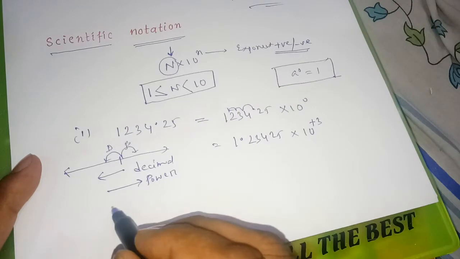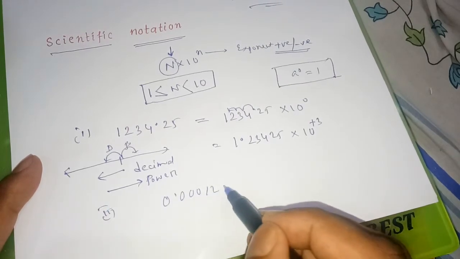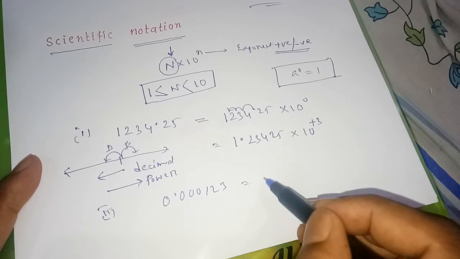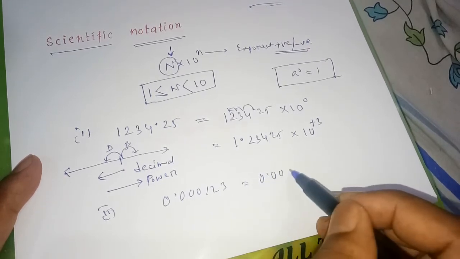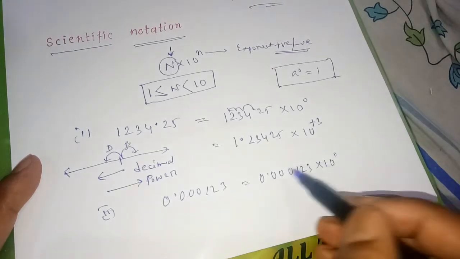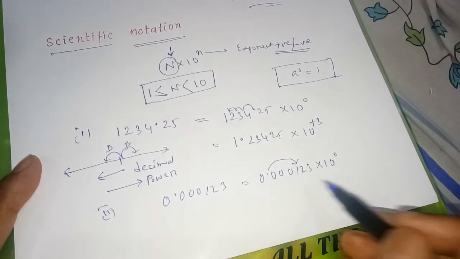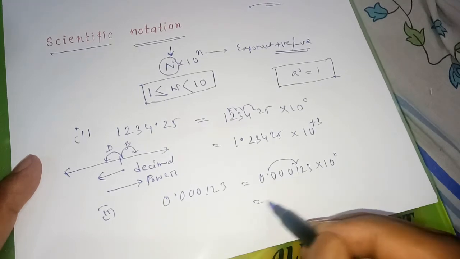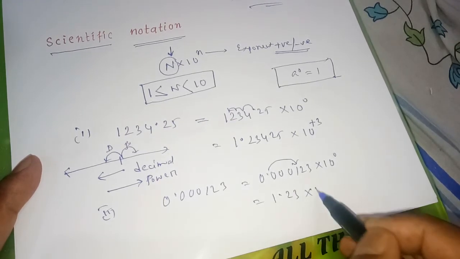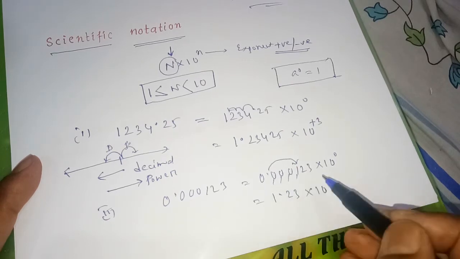So another point I am taking in this category is that if I have 0.000123, so 0.000123 into 10 to the power 0. Now if I move that one up to here, 1, 2, 3, 4, this is 1.23. So how many places? 1 place, 2 place, 3 place, 4 place.